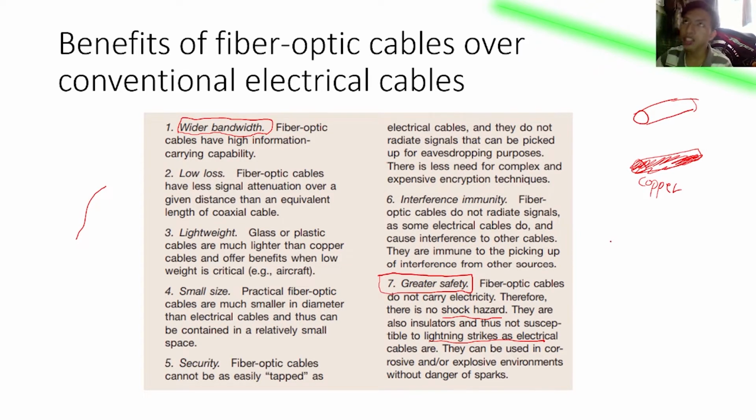Especially if you are in sensitive areas such as nuclear facilities, gasoline stations, or other hazardous places where sparks and fire are very dangerous, fiber optics is one of the good things, because it lessens the probability of sparks that may cause fire.